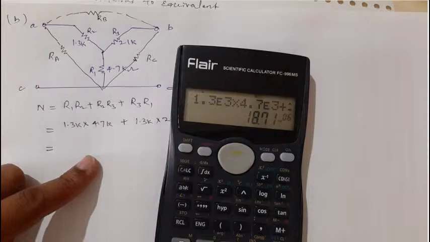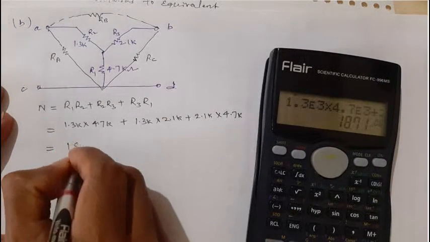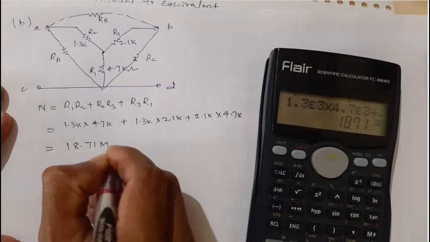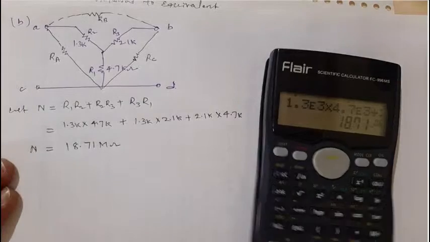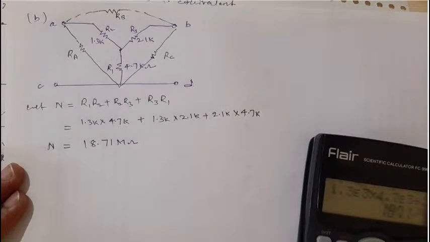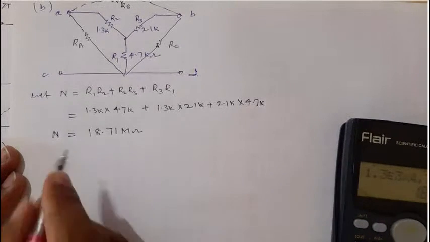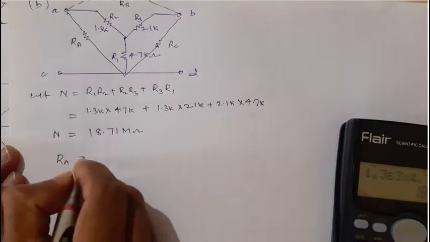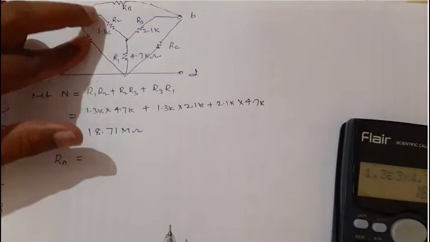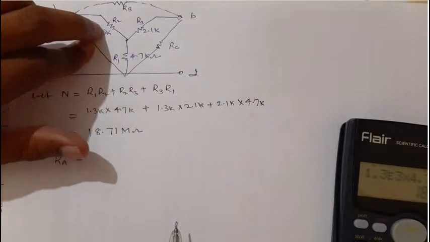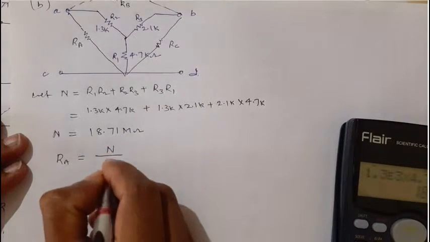So how much is this? It is 18.71 mega ohm. So I have calculated N. You can write let N be equal to this. Now to find RA: the two resistors which are connected are R1 R2 and the resistance which is not connected is R3. That means I can write this as N by R3.